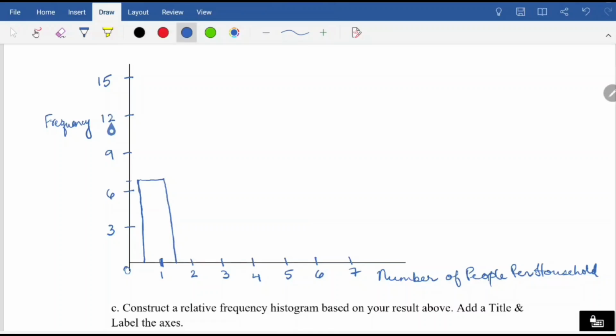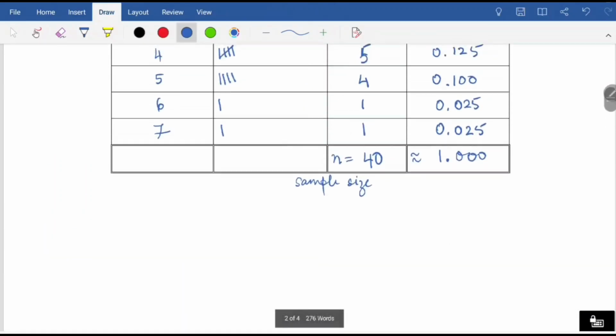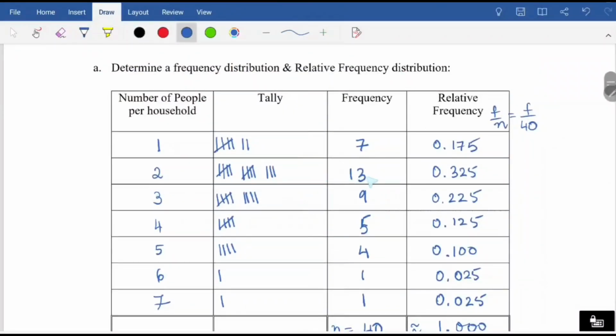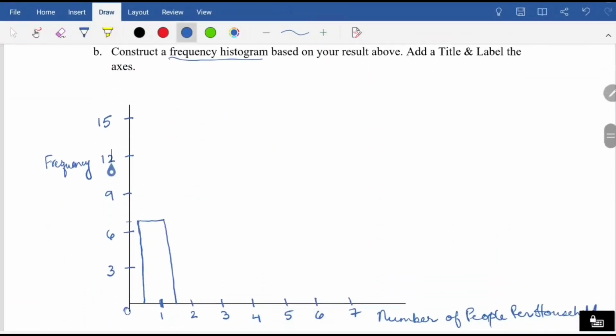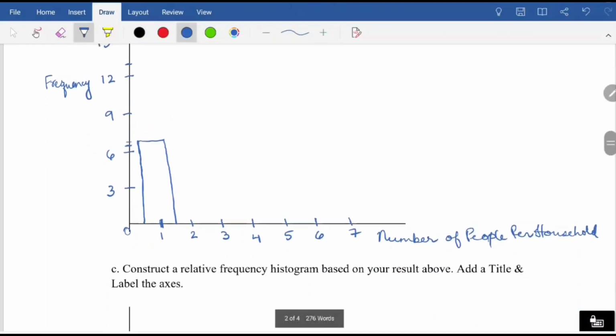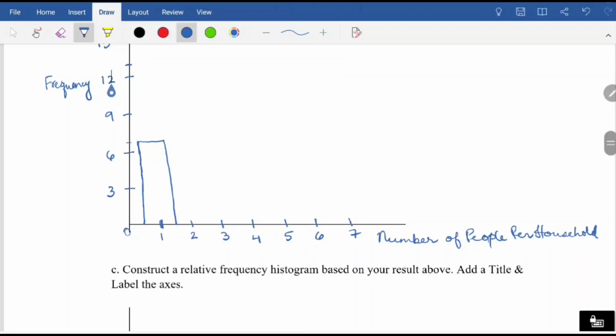All right. Then for 2, how many people said 2? 13 people said 2. That means we have to go all the way up to 13. So 13 will be a little above 12, right? Or maybe make it a little bit more. Maybe here. All right. But this time, this is a histogram.